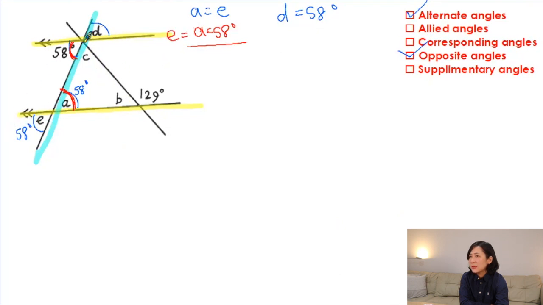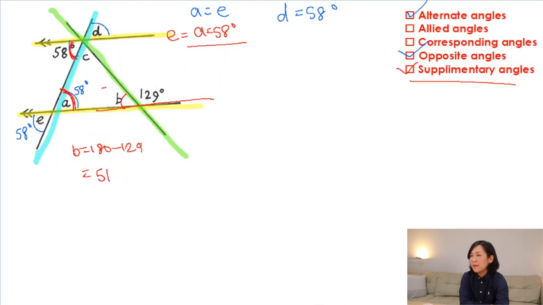Now we found almost every angle for one of the lines. Now let's have a look at the other line that goes through the parallel lines. What can you see? Now the green line, we need to identify C and B, right? So what can you see? Oh, we can see the supplementary angle, right? So B is 180 take away 129, then we can quickly find our B. So B is 51, right?